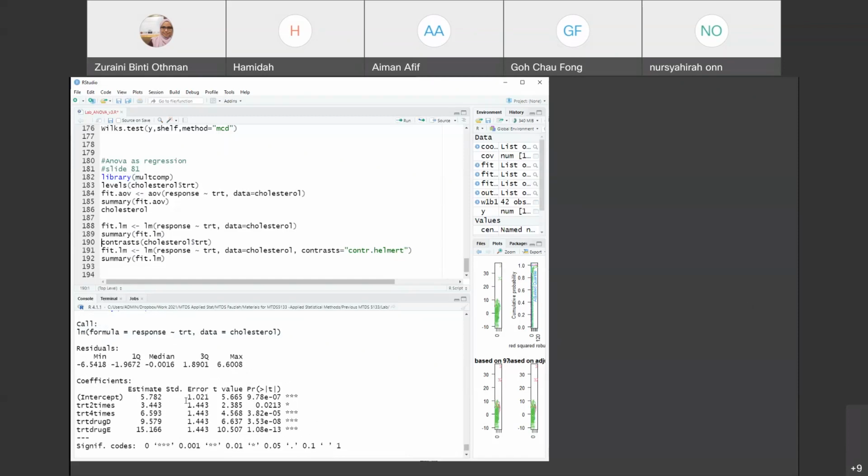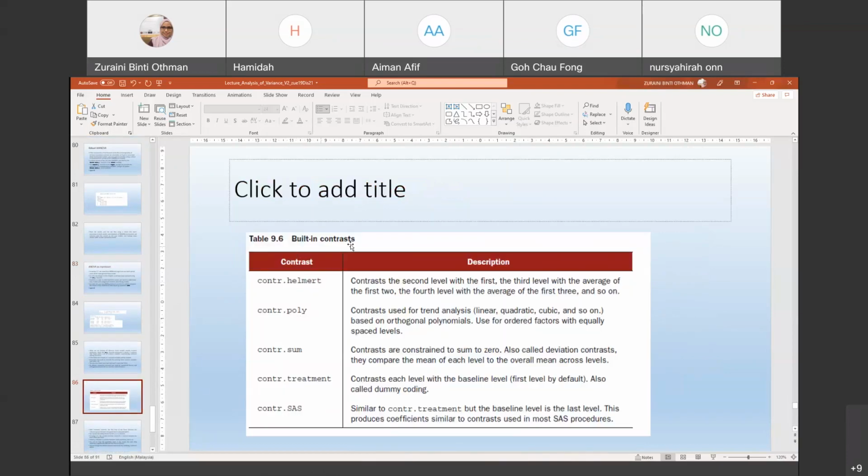R provides five built-in methods for creating these contrast variables. You can see them in the table here. These are the contrast variables built into R, with their descriptions. Helmert is one, and poly is polynomial, which is linear, quadratic, cubic, and so on.